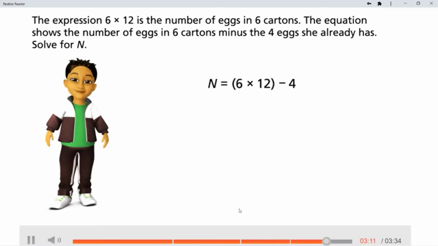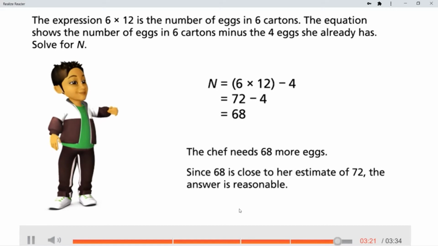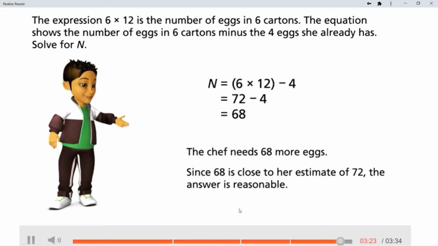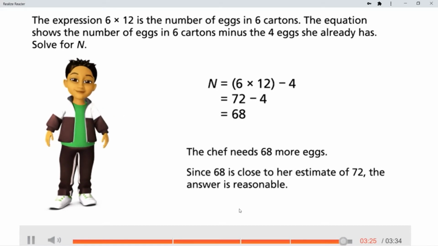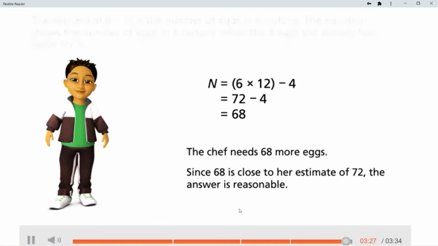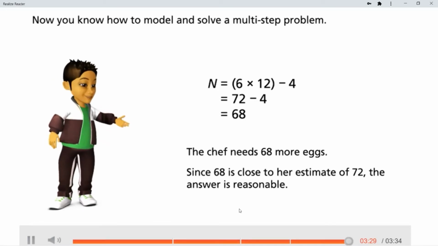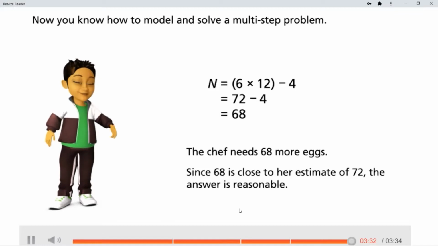Solve for n. N equals 72 minus 4, which equals 68. The chef needs 68 more eggs. Since 68 is close to her estimate of 72, the answer is reasonable. Now you know how to model and solve a multi-step problem.